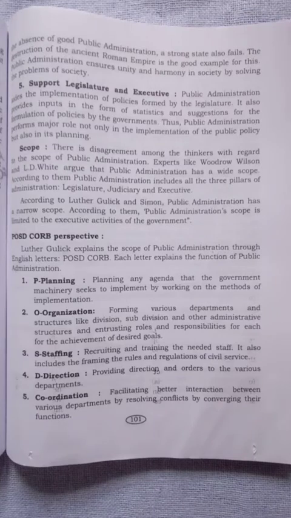Luther Gulick explains the scope of public administration through English letters, that is POSDCORB. Each letter explains the functions of public administration. When you want to govern the country in a proper way, you need to keep certain terms in the mind. That is POSDCORB perspectives.